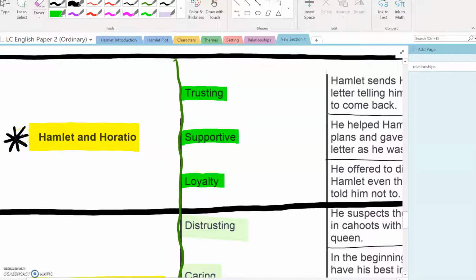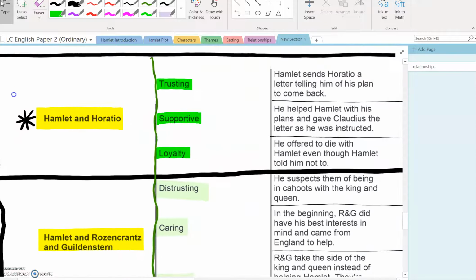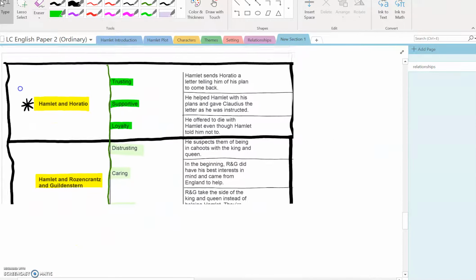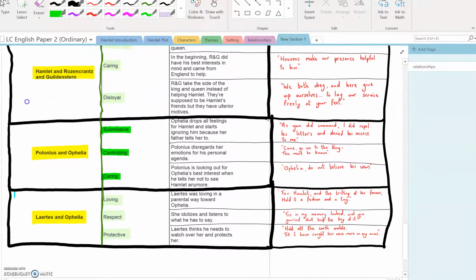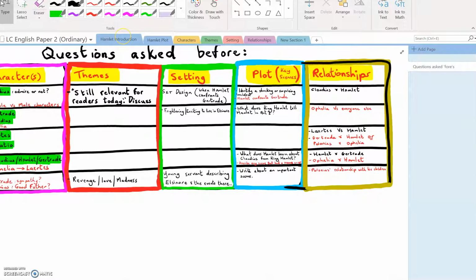Now, the relationship between Hamlet and Horatio has never been asked in the Leaving Cert before. So it would be nice to focus on some of the ones that haven't been asked before when you're looking over this page. Go back to your first page and take a look at what has come up in the past.